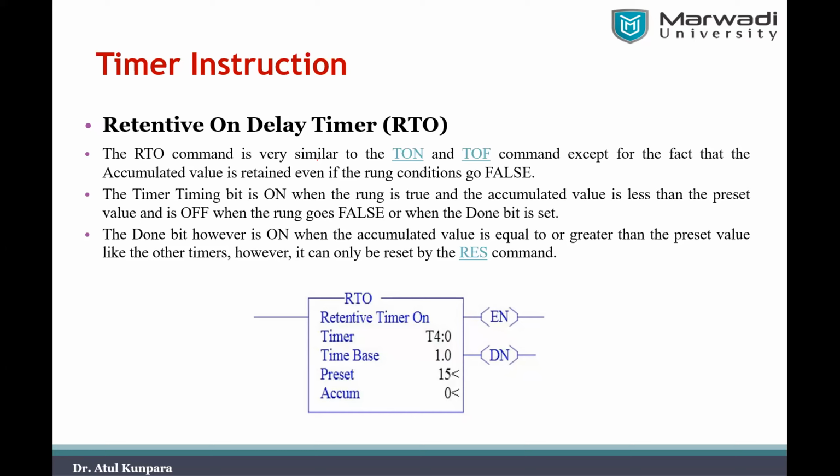In the case of RTO, that is the retentive on delay timer, your done bit will remain on even after you remove the enable input. Once your timer has completed the timing task, whatever output bit condition is there will be retained, or you can say maintained as it is, even after you remove the enable input. So that is the difference between the normal on delay timer and a retentive on delay timer. That part clear, everyone?